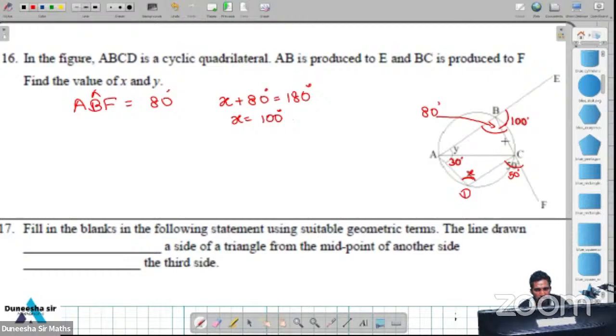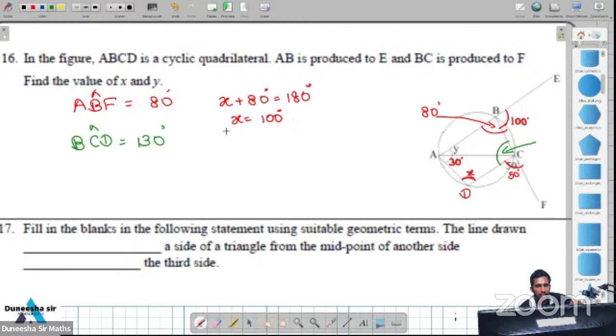Then how much is this angle? The main angle, the green colored one. BCD, how much is BCD? Can you tell me? BCD? 130. Yes, 130.